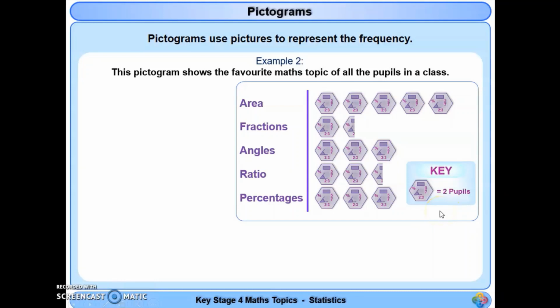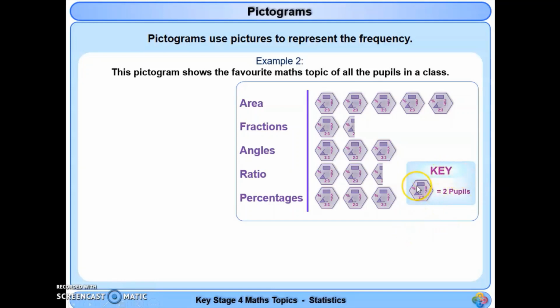When you do a pictogram, usually your key would be greater than 1, because the advantage of a pictogram is that we can reduce the length of these bars. We can reduce the size of the pictogram by making one image worth two or more things.